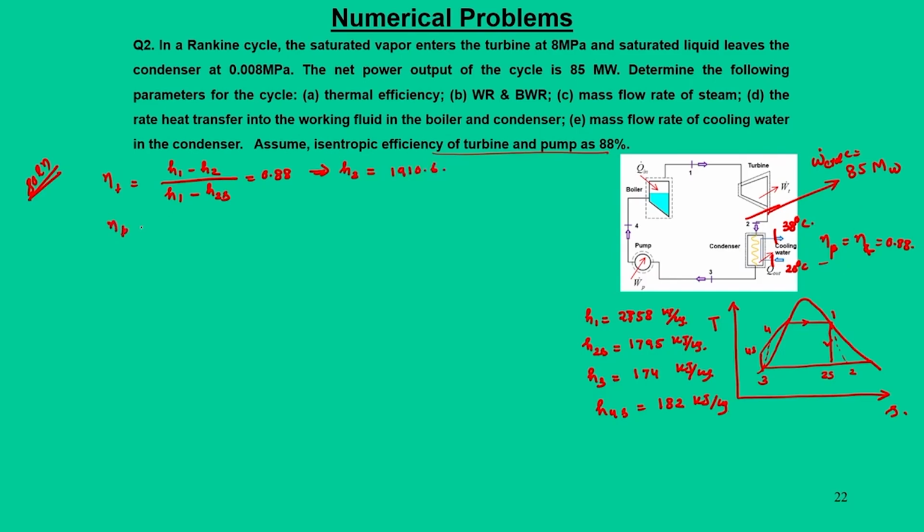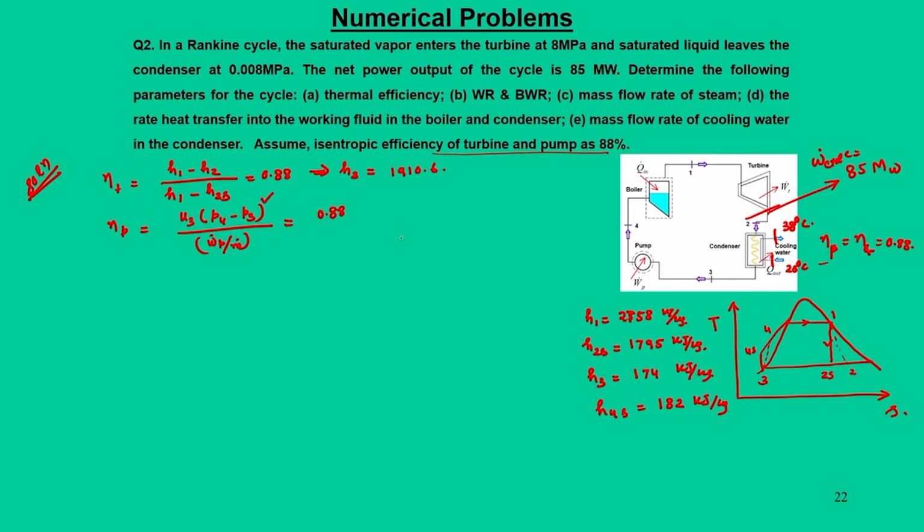Similarly, pump efficiency is V3 into P4 minus P3 divided by W dot P by M dot, and this is 0.88.